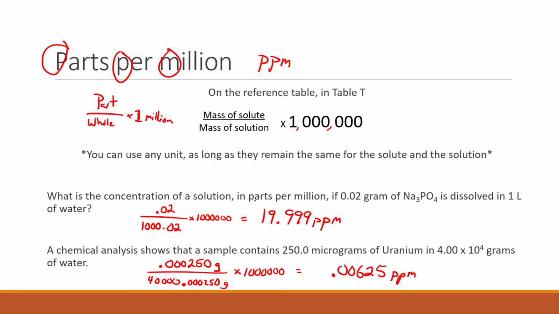Right, remember, a solution isn't always water. And so I'm imagining that that W comes from the fact that these are both in water, but these are just examples, and it's just an abbreviation of parts per million.